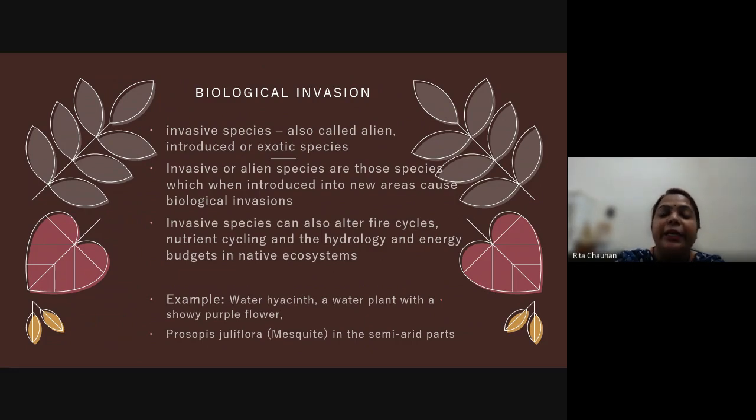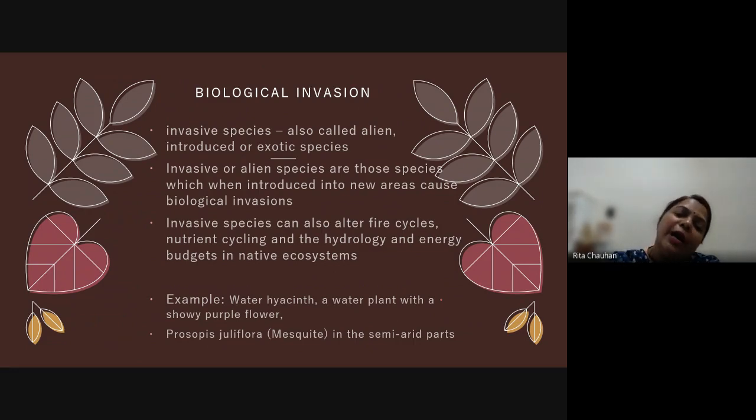For example, in India, we have the water hyacinth plant, which has a very beautiful purple flower. Initially it was not native to India, but it was brought to India by the Britishers because of its beautiful flower.